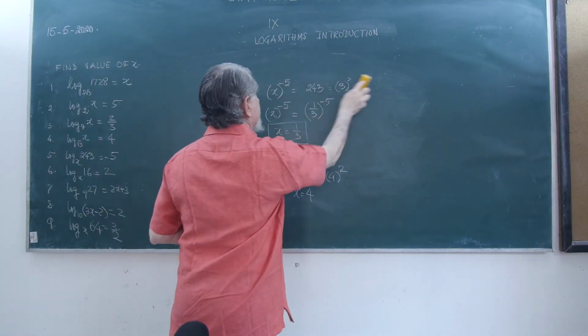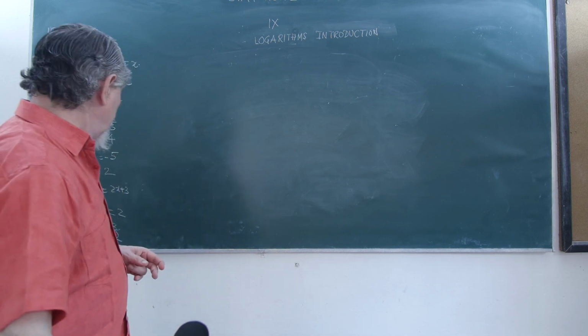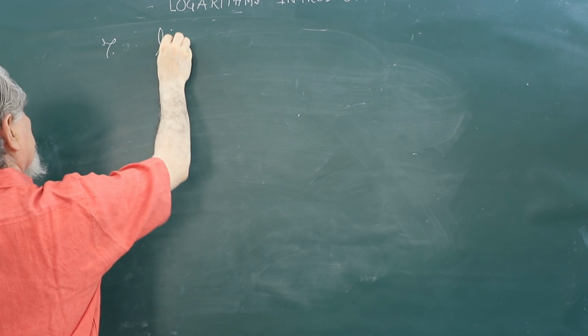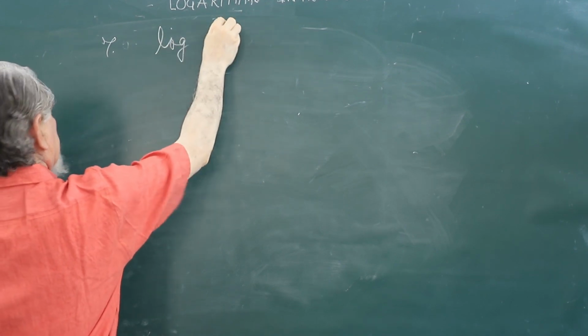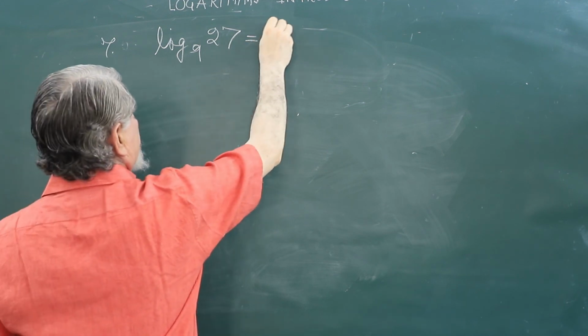Now let us see question number 7. Log 27 to the base 9 is equal to 2x plus 3.